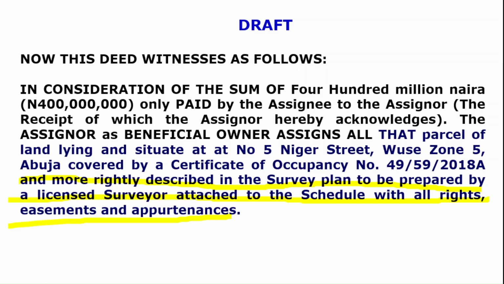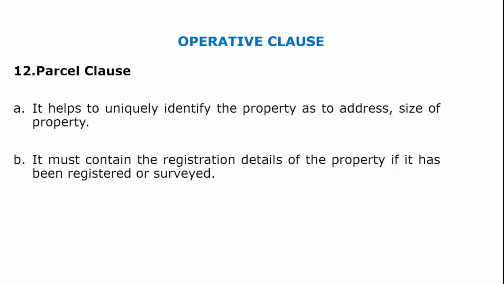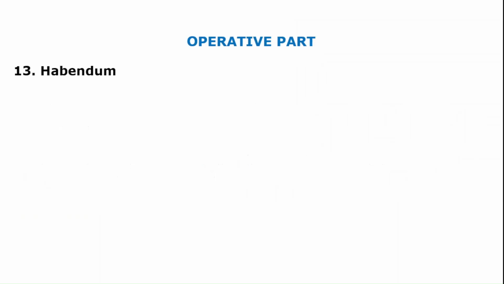Now, the next clause that then follows after the parcel clause, which is the final clause, is the addendum. The addendum, right? And what then is the function of the addendum?